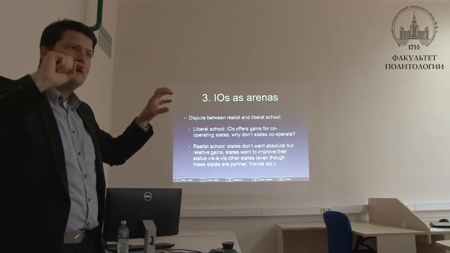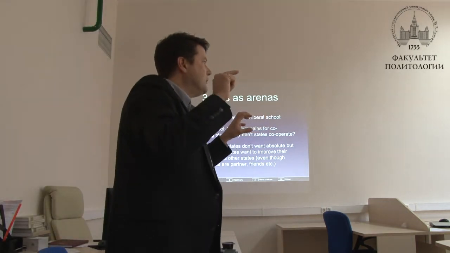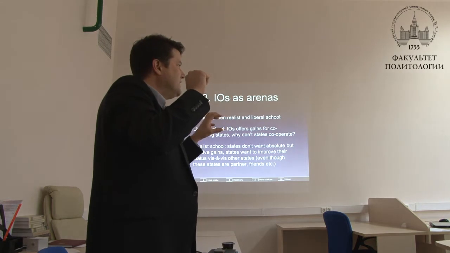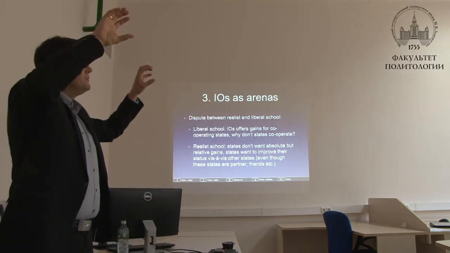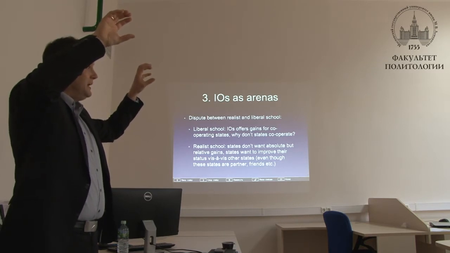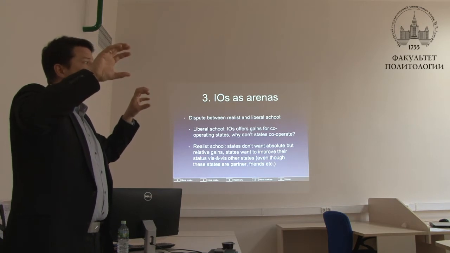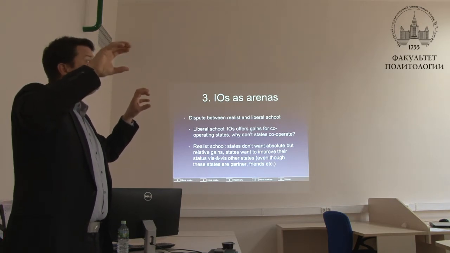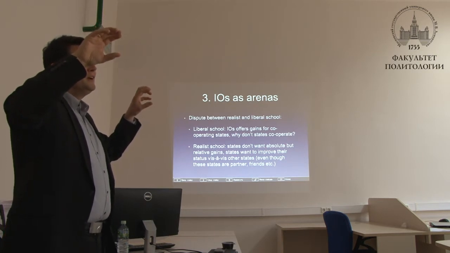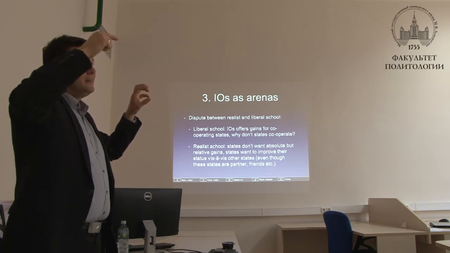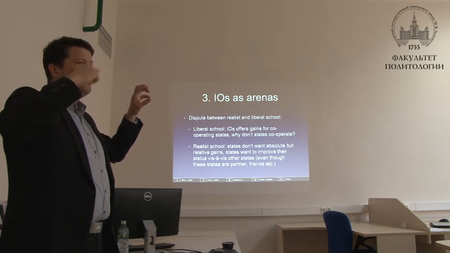Realists would now argue that state A loses. The relative gains of state B are increasing, because in the beginning, state A was twice as powerful as state B. Now, after cooperation, state A is not twice as powerful anymore. It's just 50% more powerful than state B. So in fact, the power of state A is decreasing due to cooperation.